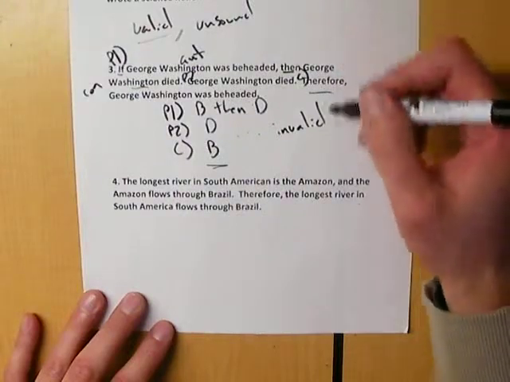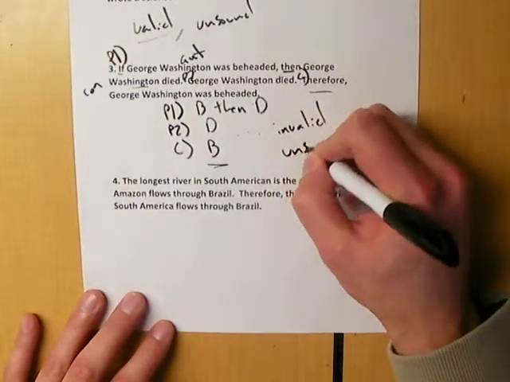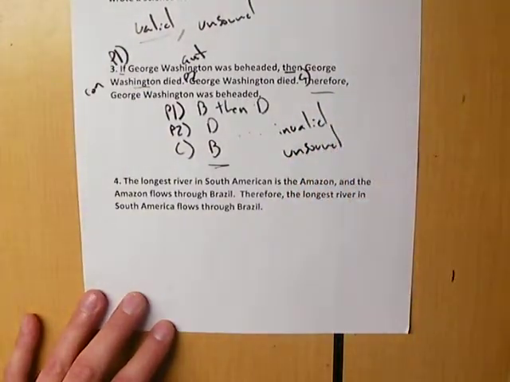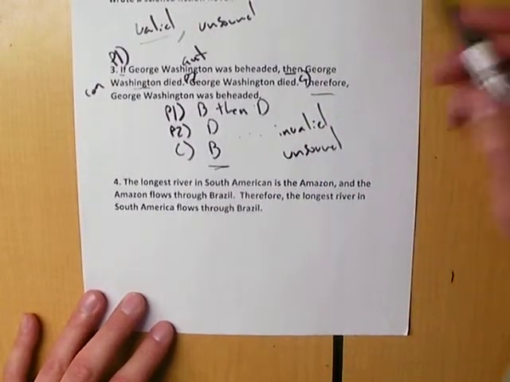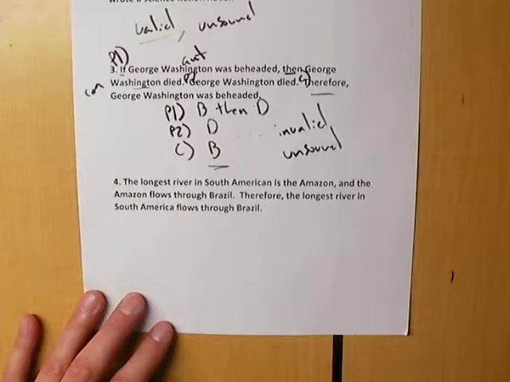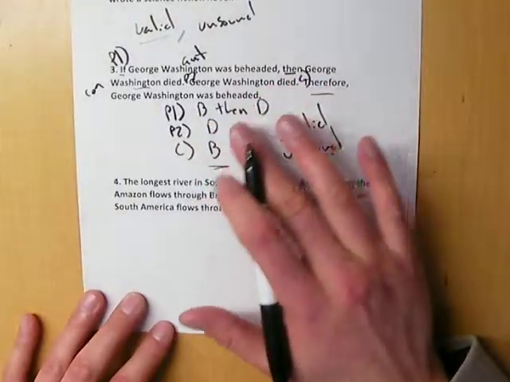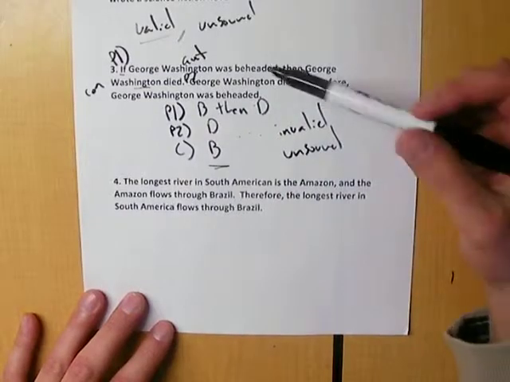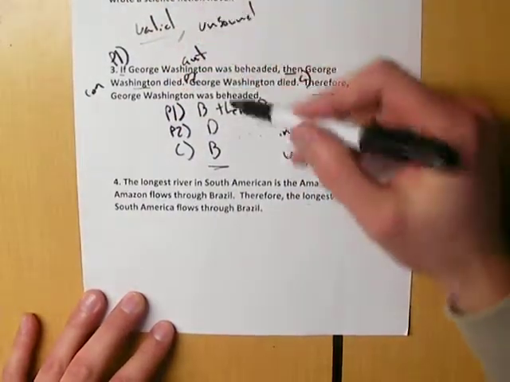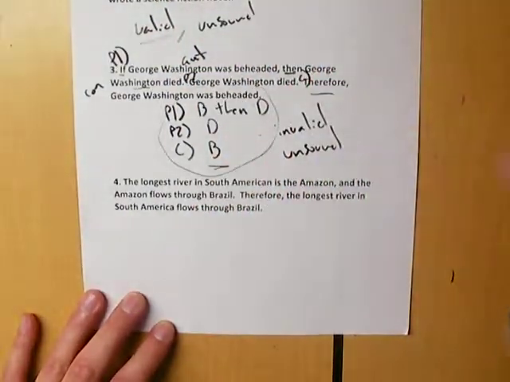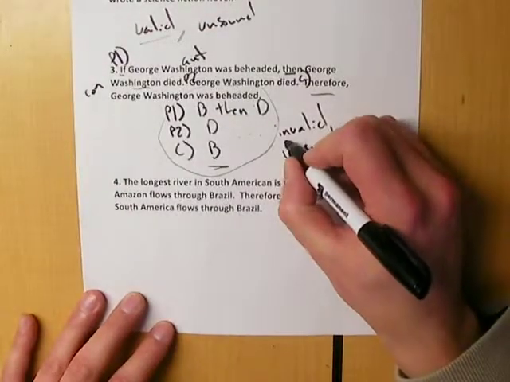And since we know it to be invalid, we automatically know that it's unsound. We don't even need to bother with, well, are the premises true? If it's invalid, it's automatically rendered unsound. And you can plug in your own examples here. Let's scrap this example. Let's just do the same structure here if you're struggling to see why it's invalid.